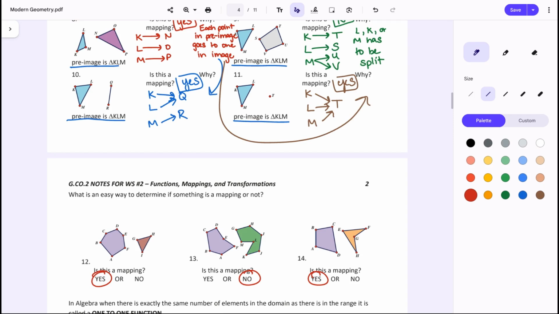So in order for it to be a mapping, a quick way is to count your dots, like Stryker said. And then if you look at the 2 numbers, they have to either be the same or the second one has to have fewer points. Or you could also think the first one has to have more points in order for it to be a mapping. So up here I'm going to write my pre-image has the same or more points.